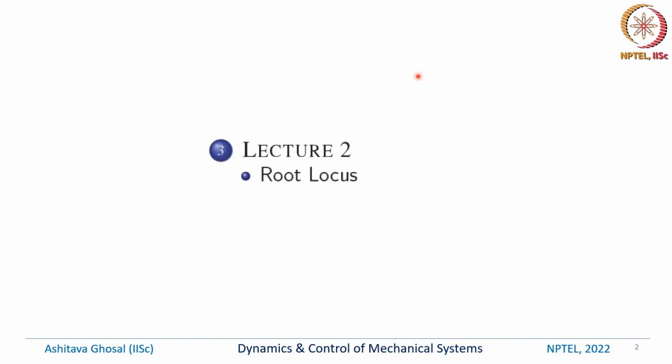In the last lecture, I had shown you that in order to find the effect of the external disturbance on the output, or the effect of the internal parameter changes on the output using the state space representation, we had to perform a convolution.